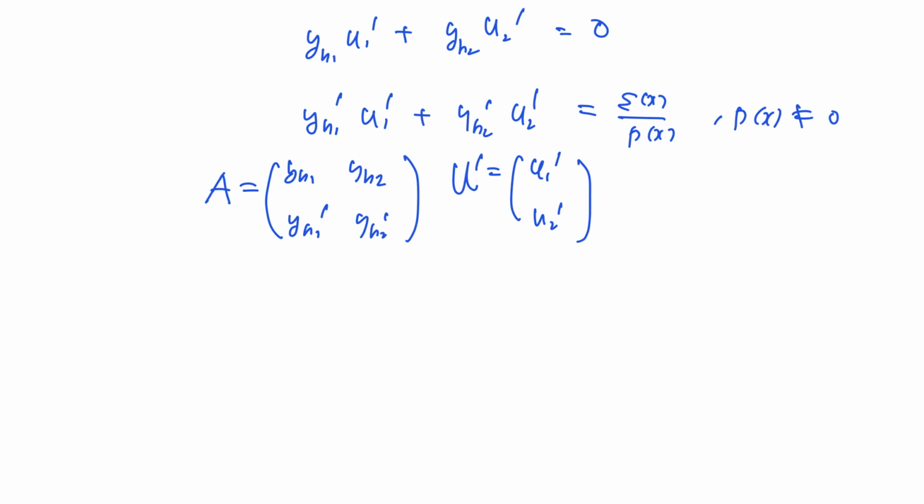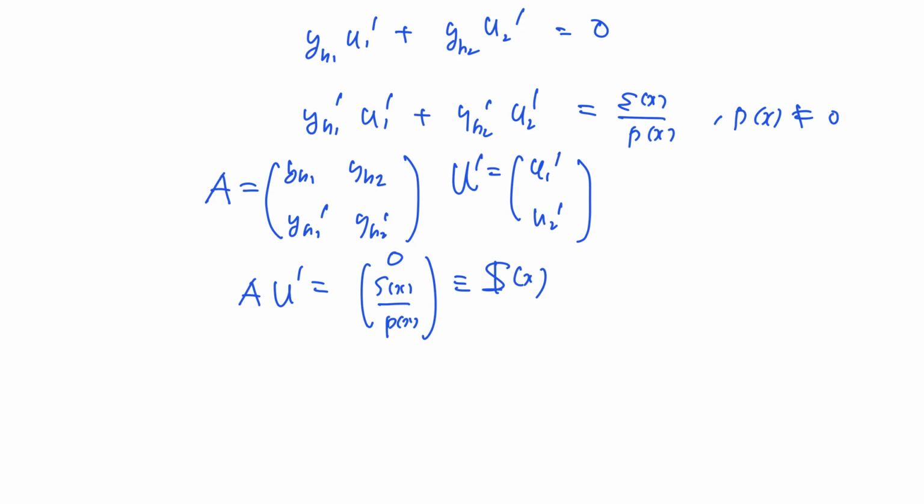Then A times u prime is equal to the vector 0, S(x) over P(x). Let's call this big S. So this is a 2 by 2 linear equation.